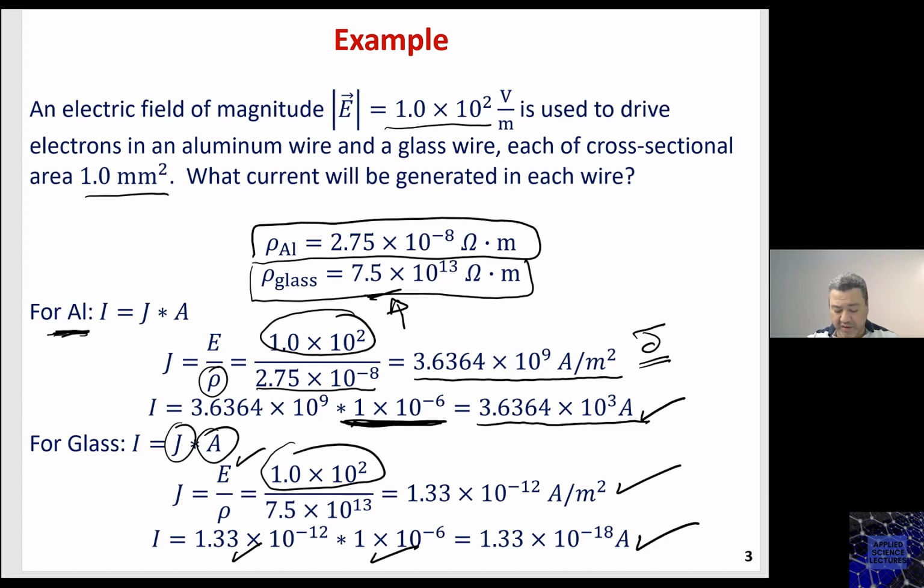Then I get the current for the glass, which is 1.33 10 to the power minus 18. Notice the difference in the current between the aluminum wire and the glass wire. It's in the range of more than 10 to the power 21 times.